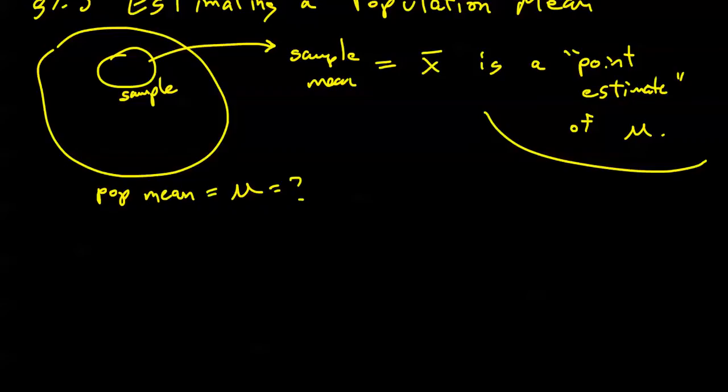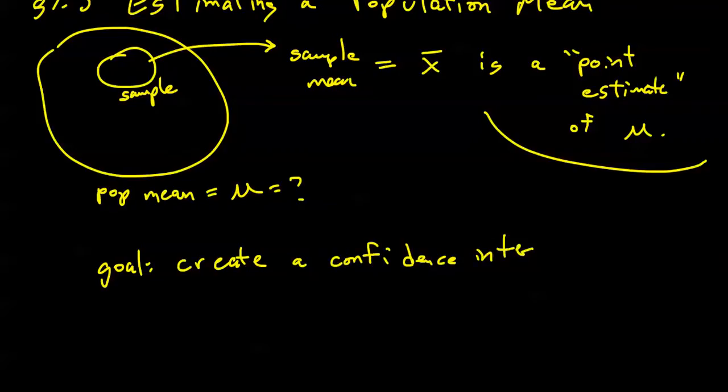Instead of picking a single number and approximating mu with that number, our goal is this: to create a confidence interval estimate for mu.